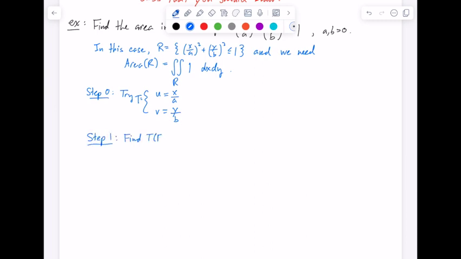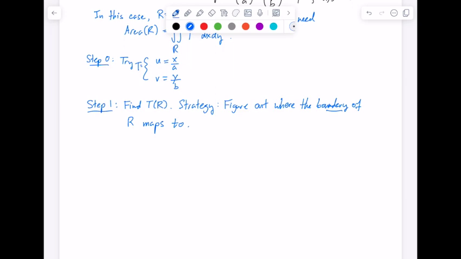So those are the terms appearing inside the squares. And if we try that, the first step is now to figure out what the image of R is under this transformation T.